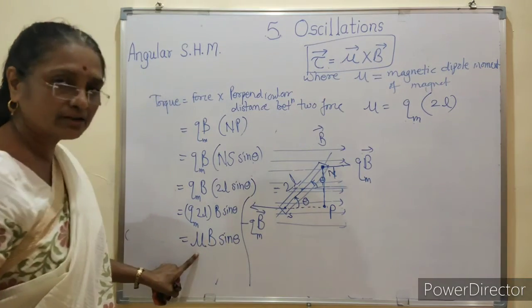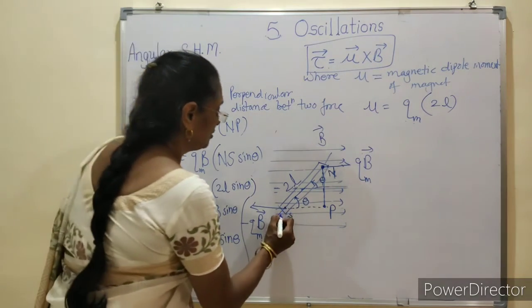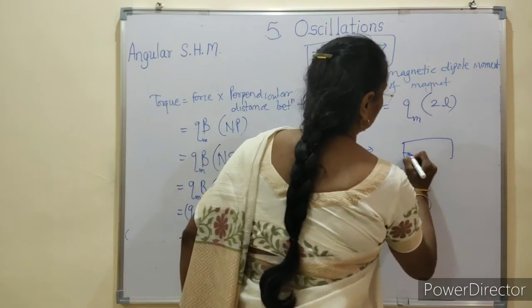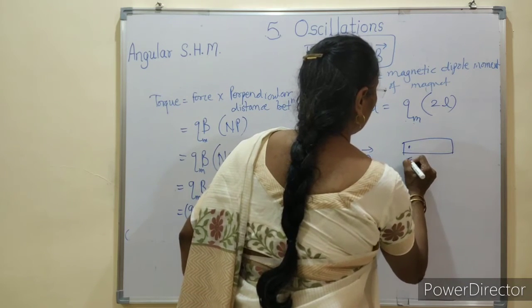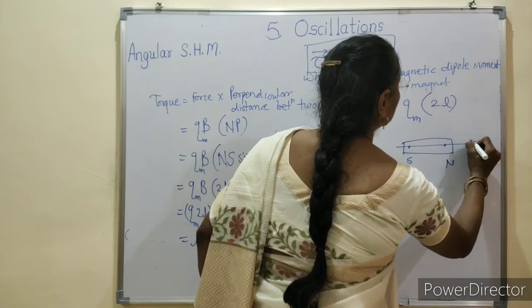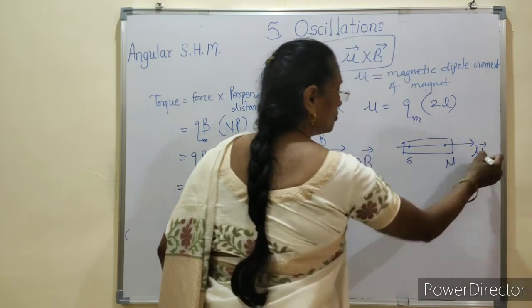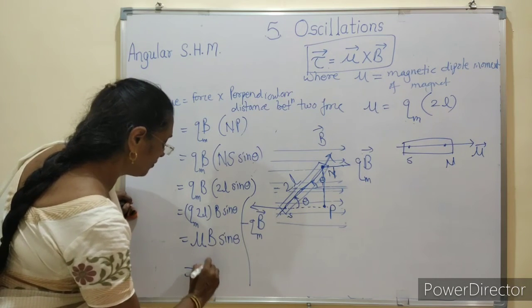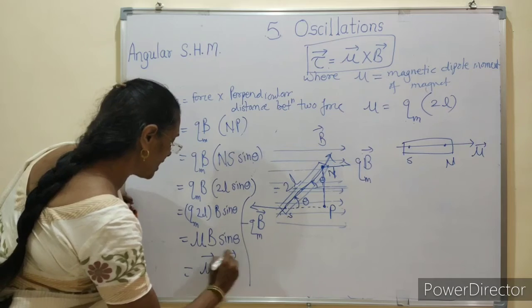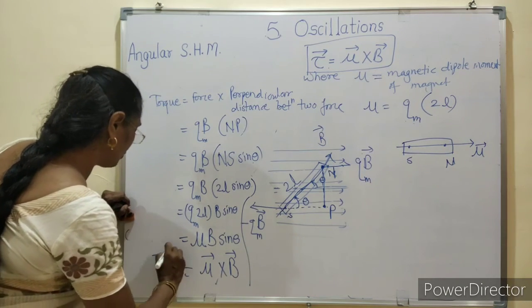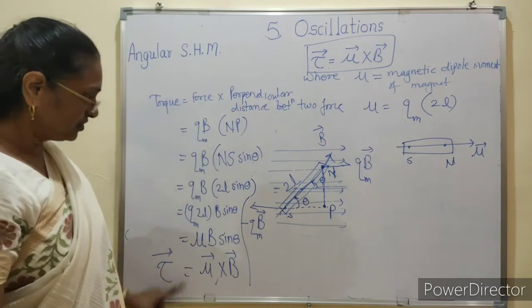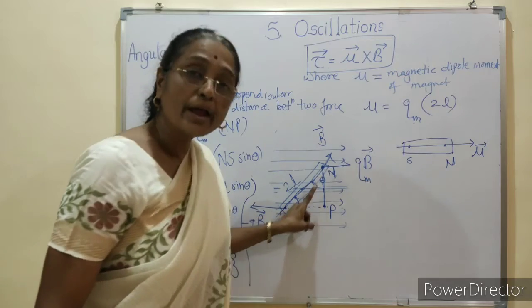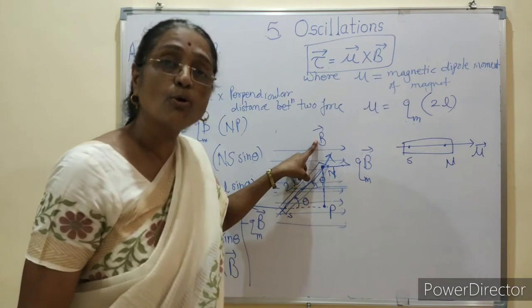We know that mu is a vector quantity. It has direction from S pole to N pole. So in a magnet, mu has direction from south pole to north pole. Here mu is vector, B is vector, therefore we can write the vector product of mu and B. So this is torque in vector form. So this is the simple derivation of a torque acting on a magnet when it is placed in a uniform magnetic field.